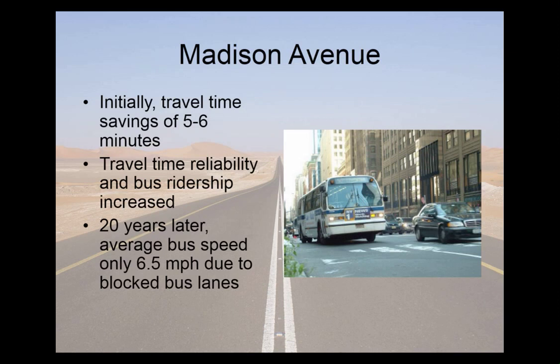Initially, buses experienced travel time savings of 5 to 6 minutes, and buses had better travel time reliability and bus ridership increased. 20 years later, an evaluation of the bus lane found that bus speed was still only about 6.5 miles per hour due to the bus lanes often being blocked by general use traffic. Currently, options are being explored for improving bus transit in New York City.